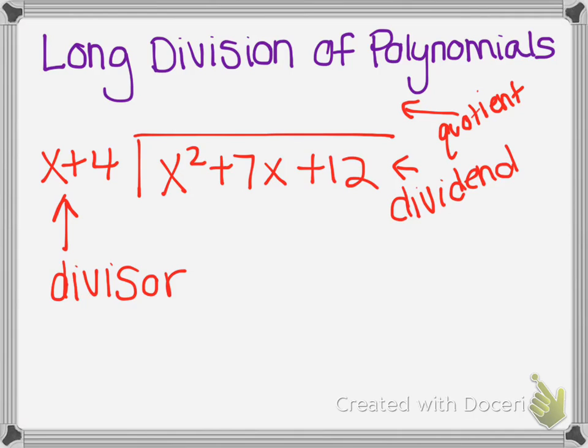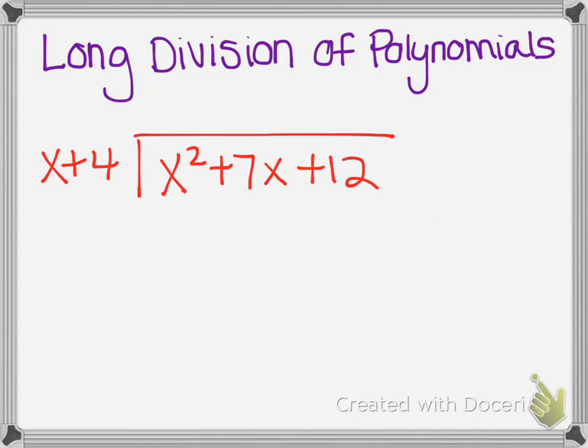Okay, so let's walk through the steps on how to divide polynomials. Your first step is to take the first term in the dividend and divide it by the first term in the divisor. So, x squared divided by x equals x. This is part of the quotient.